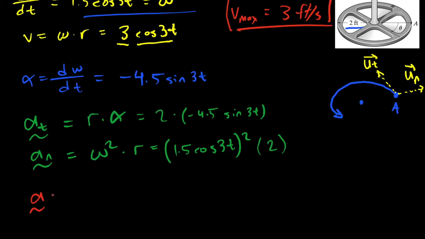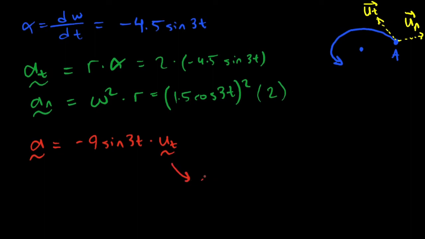So acceleration is equivalent to negative 9 sine 3t multiplied by ut, which shows us the direction. You can think of this as the i hat, j hat, and k hat that we have been previously using.